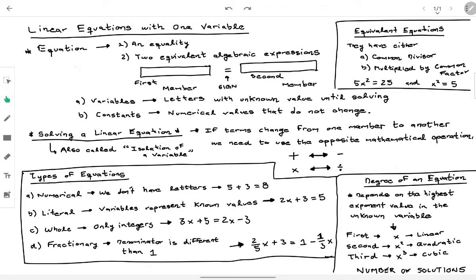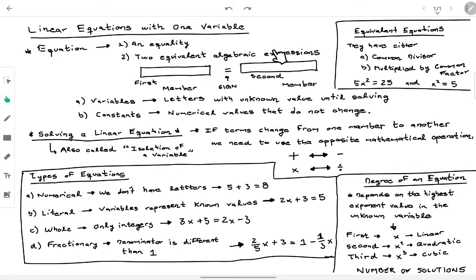Well, equation comes from the word equality. That means something that is equal to another stuff. So we can also define an equation as two equivalent algebraic expressions.